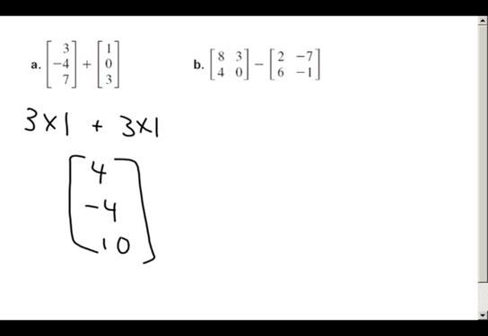For subtraction, same idea. Have to have the same dimensions, 2 by 2. We're subtracting a 2 by 2 from that. Subtract the corresponding entries. So the 2 by 2 matrix will be 6, 10, -2, 1 will be the solution matrix for that subtraction problem.